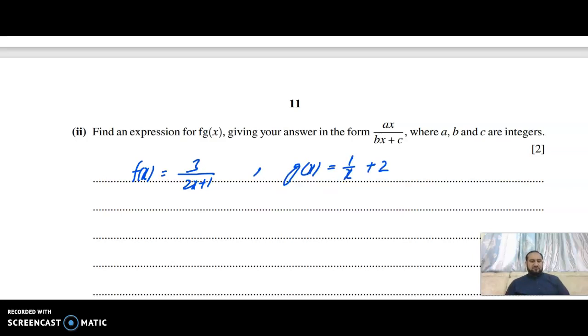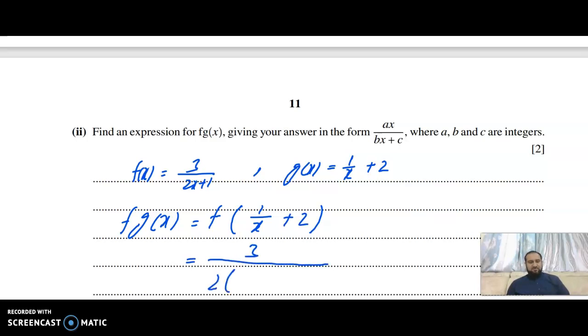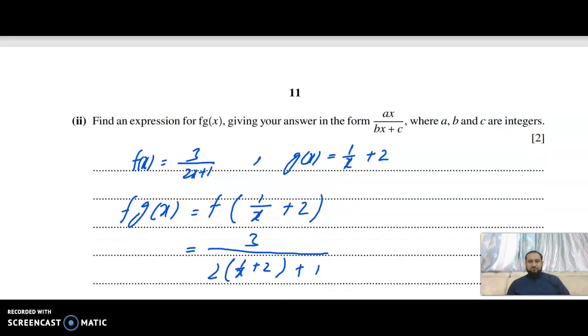Now if we are looking for f of g of x, the composition, f is operating outside, g is inside, so first we operate g of x, and after that we use f of x: 3 over 2 times x plus 1, but this time x is 1 over x plus 2.